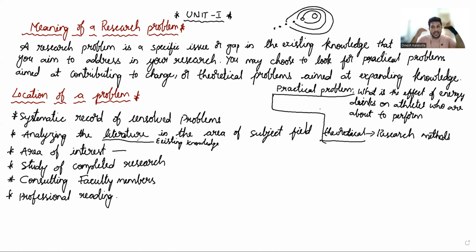The more knowledge you gain from the existing literature, or from the existing, already completed research work, the better you understand the problem, so that you find the solutions in the easiest, very smooth way. So that is what professional reading is.